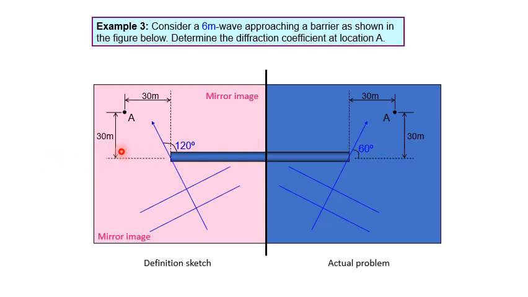So we want to be careful of the definition of the angle theta and also the angle beta when our actual problem is not oriented in the same pattern as our definition sketch.